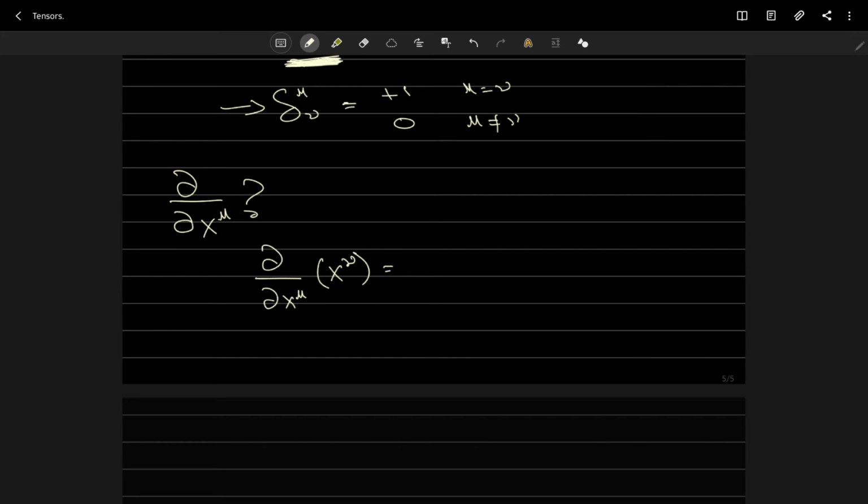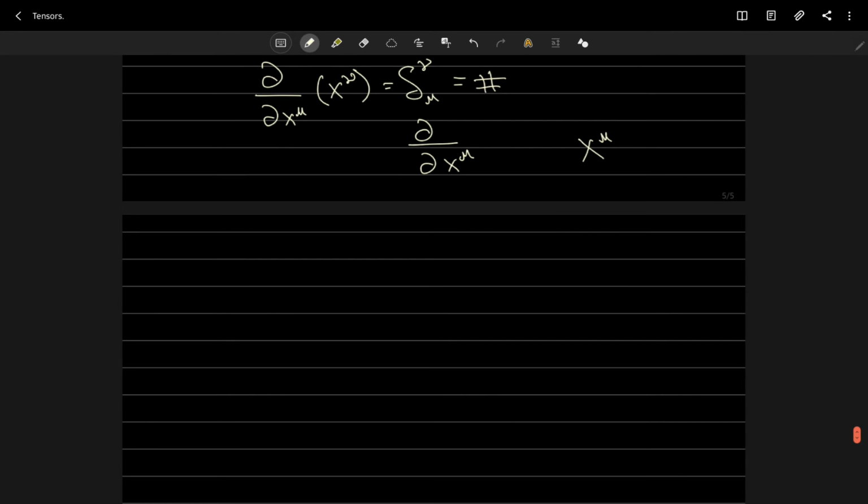Again, it is equal to a delta function with nu and mu, which by the definition of the delta function is just a number. That is telling you that partial over partial x mu must transform oppositely to x mu.